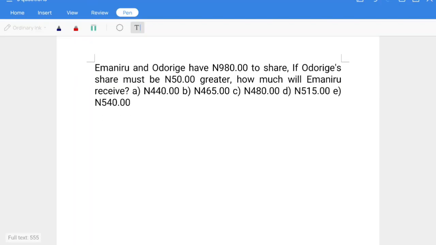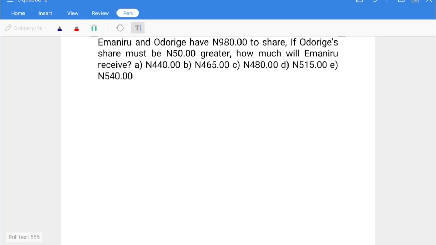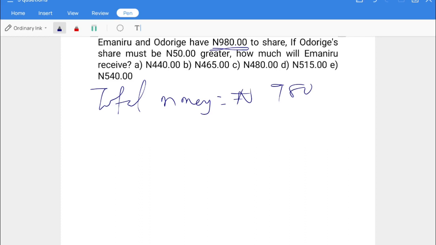Emaniru and Odorige have 980 naira to share. If Odorige's share must be 50 naira greater, how much will Emaniru receive? If Emaniru and Odorige have 980 to share, the first thing is the total money equals 980 naira.